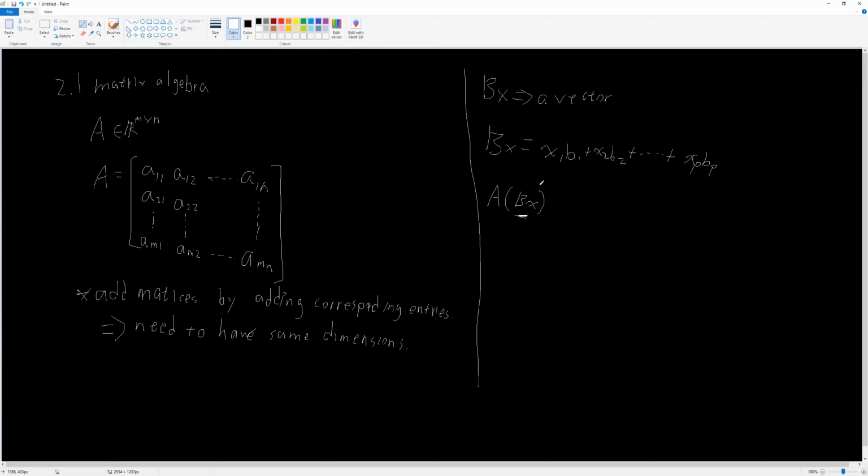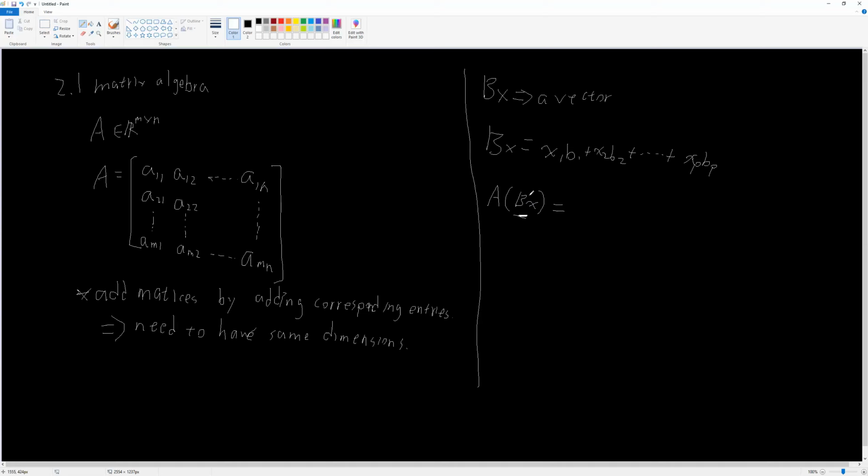And what we want to show here is that we can rewrite that again as a linear combination of the columns of A. But let's rewrite that first.